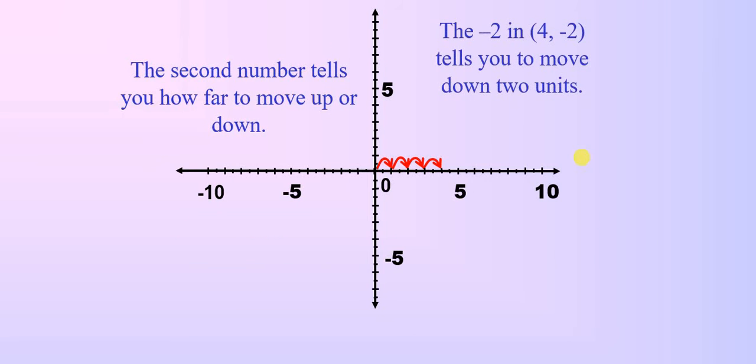Now, the second number tells you how far to move up or down. The -2 tells you to move down 2 units, like what happened here. So therefore, this is the point that has the coordinates (4, -2). The location of this point is 4 units to the right, and then 2 units down.